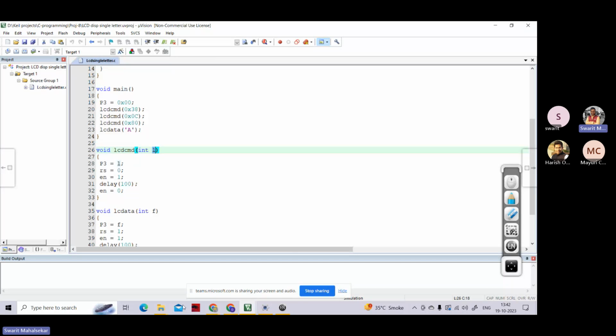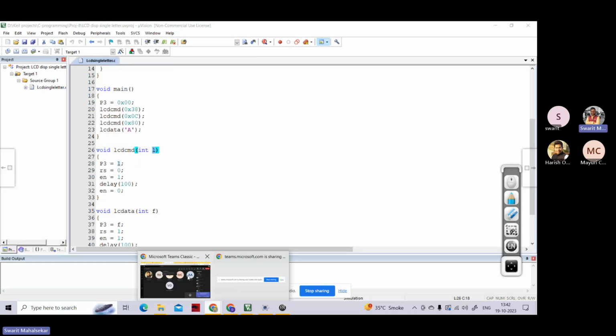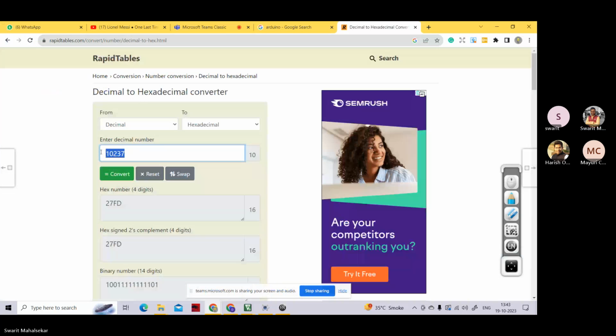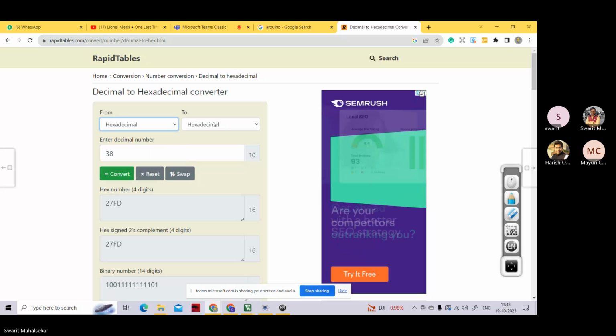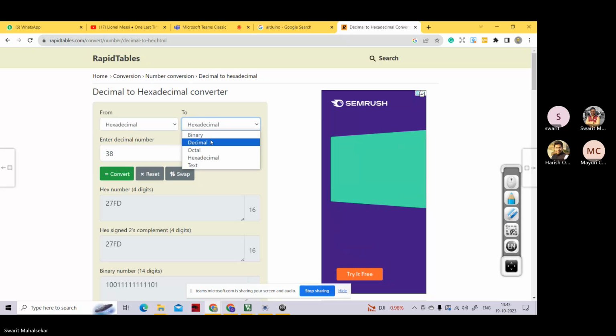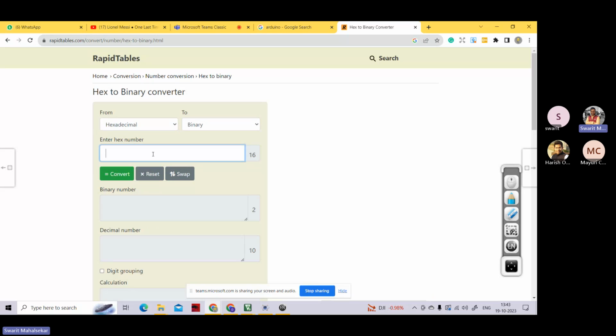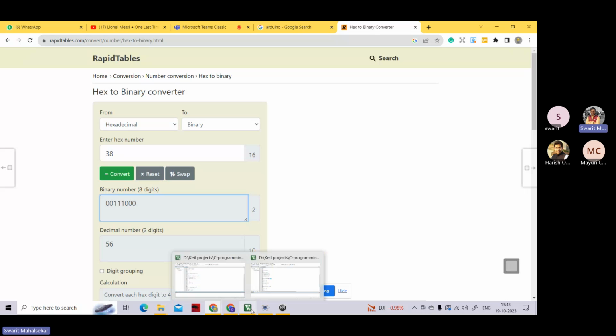Before that, let me convert 0x38 from hexadecimal to binary. So this is the value, 00111000.